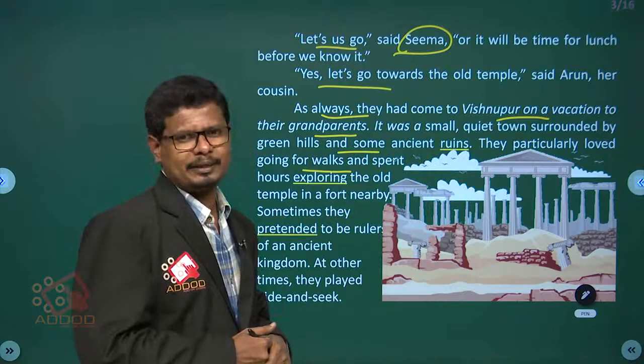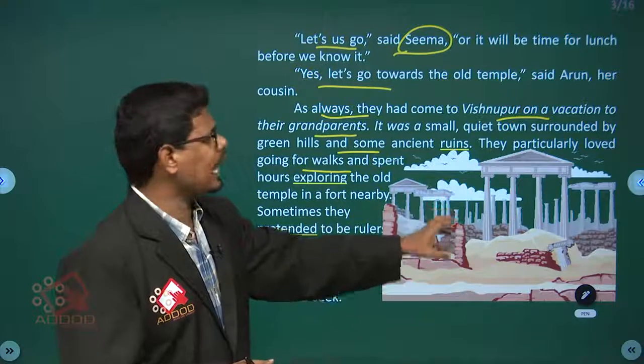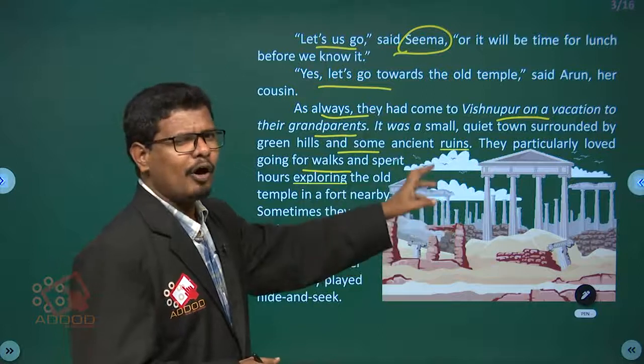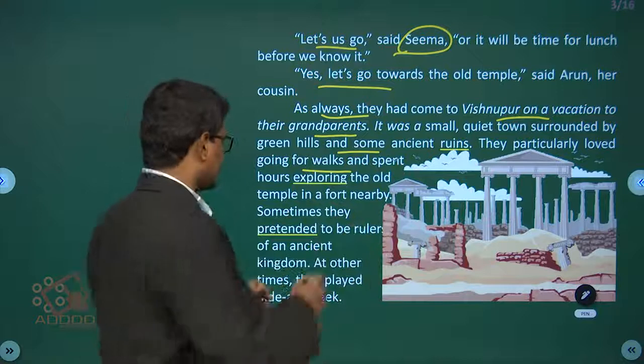So these people prefer to go on a walk all the time. They come here to Vishnupur, they go on a walk to the old temple, to a nearby fort.